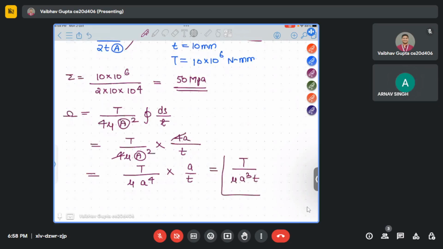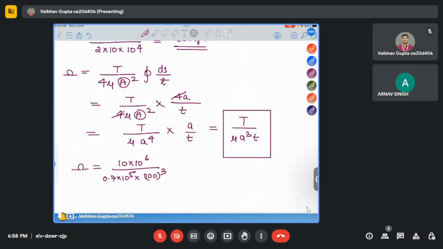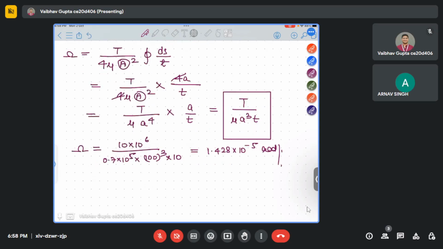Yes. So the final formula we get is T upon mu a cube t. So the angle of twist per unit length will be equal to 10 into 10 to the power 6, shear modulus given to us as 0.7 into 10 to the power 5, side cube, where the side is given to us as 100 mm, 100 cube, and the thickness given is 10. So the angle of twist we will get is 1.428 into 10 to the power minus 5 radian per mm. Okay. Yes.